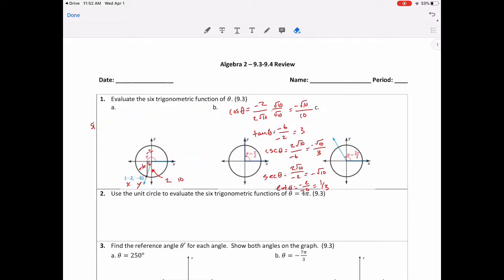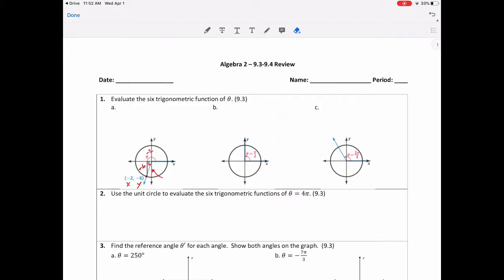All right, our next one is supposed to be on the unit circle. Okay, which means we have a radius here of 1. So this location up here at pi halves is 0 on x, 1 on y. Okay.